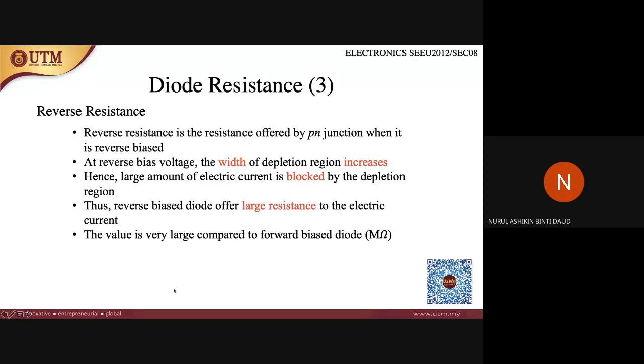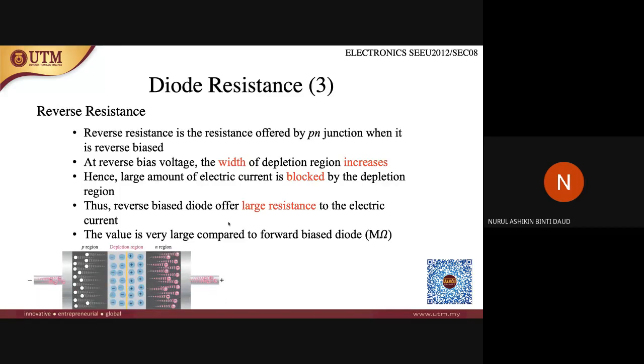Because of that, the reverse biased diode offers large resistance to the electric current, usually around mega ohm. Reverse resistance is very easy. Once you understand the reverse bias junction, you will understand the reverse resistance operation too. This is just basically a picture.